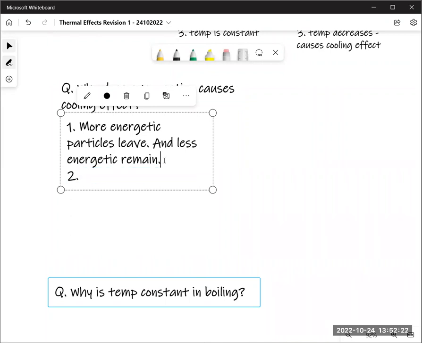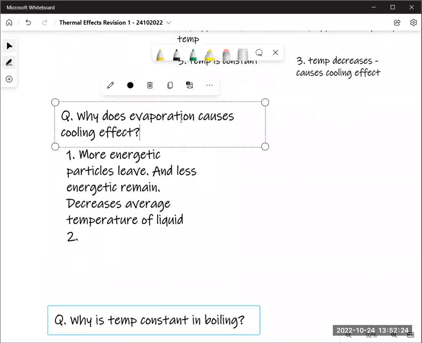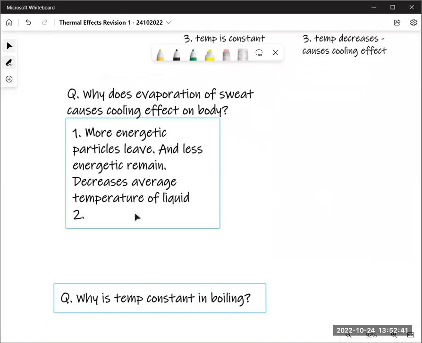Let's change the question a bit. Now we know why evaporation causes cooling effect. Let's say, evaporation of sweat causes cooling effect on the body. That's one question.